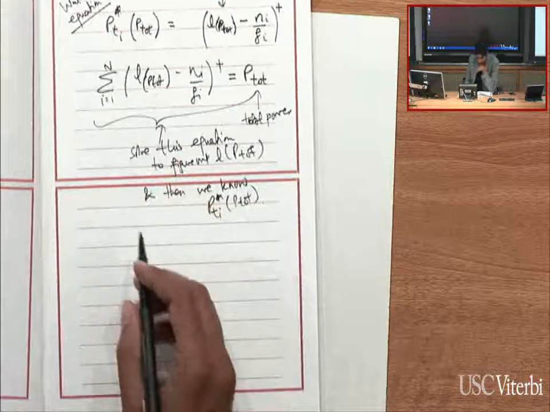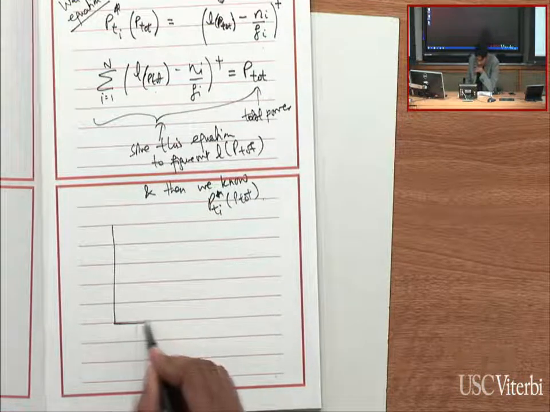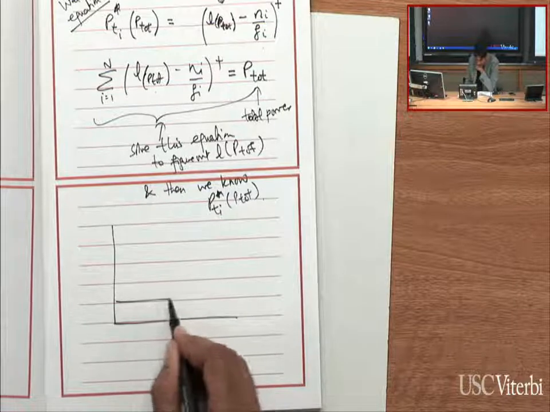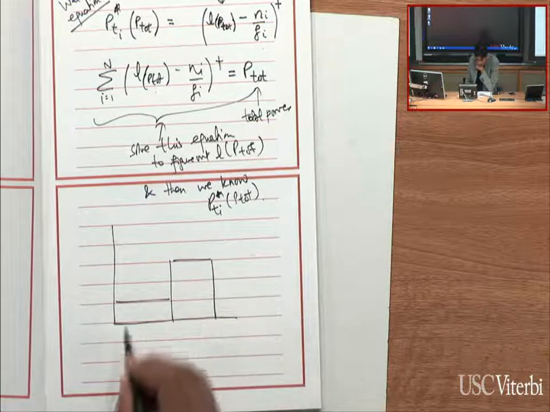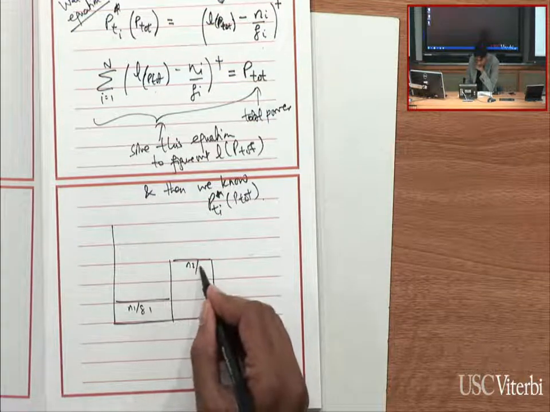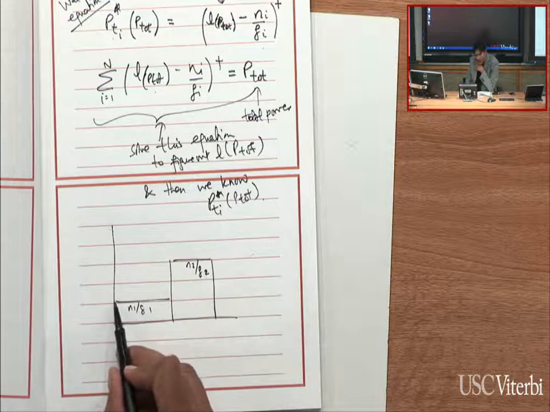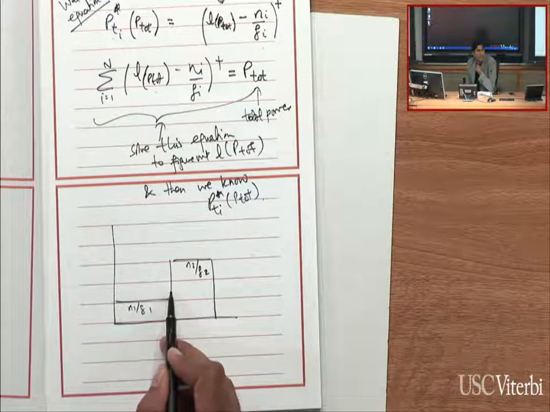So again, if you kind of visually look at what's happening, let's just take an example with 2 channels. So if my P total is a very small amount in this example, all of that power is going to go to this channel.